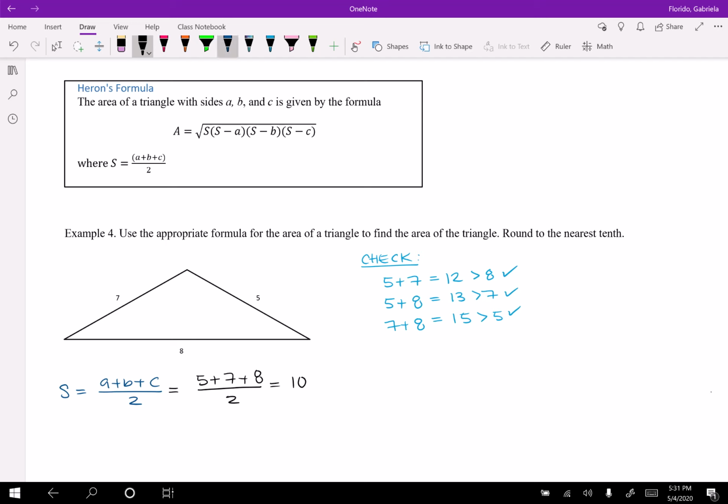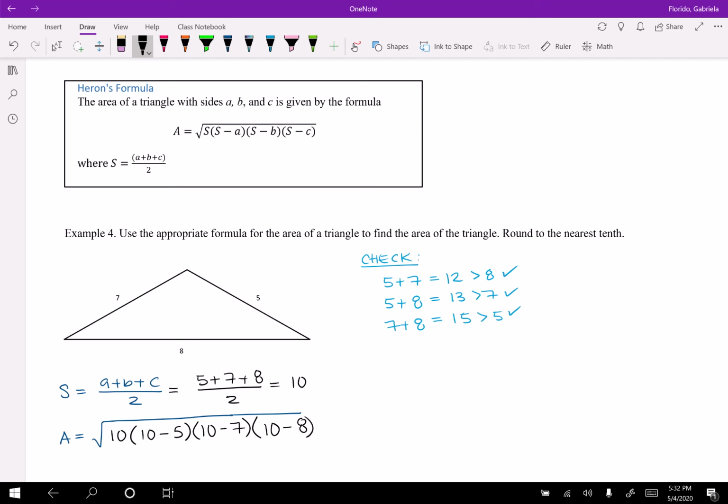So now the area here is equal to the square root of S, which is 10, times 10 minus A, and I believe I said that A was 5, and then 10 minus B, which I believe I put 7, and that doesn't actually matter, the order, and then 10 minus C, which is going to be 8.